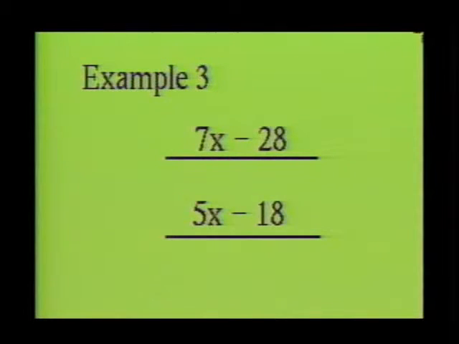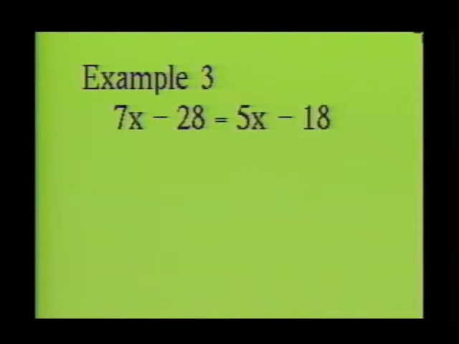Example 3. Two congruent pipes have lengths expressed as 7x minus 28 inches and 5x minus 18 inches. Find the lengths of the pipes. Since the pipes are congruent, we know the lengths must be the same. We can write the equation 7x minus 28 is equal to 5x minus 18.